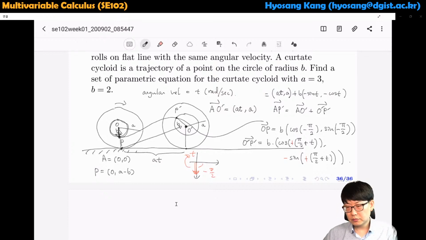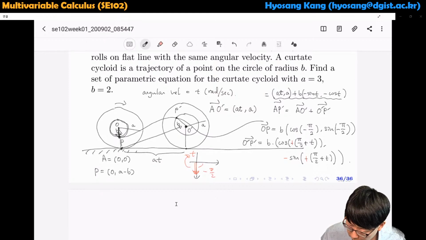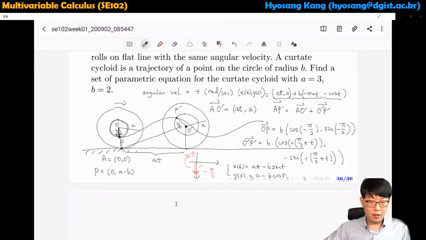So that's our OP prime. The parametric equation is x(t), y(t), right? So x(t) is at minus b sine t, and y(t) is a minus b cosine t. These are the set of functions.